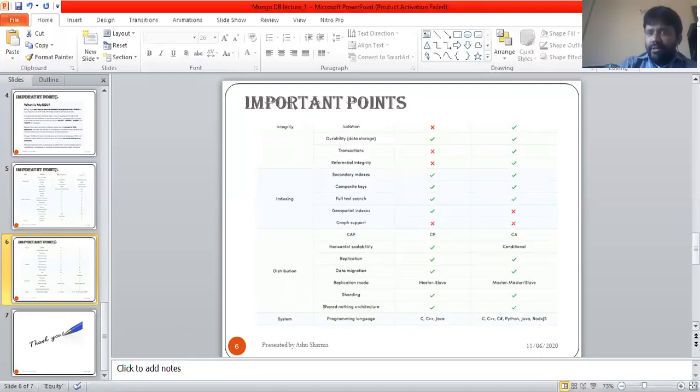So it's a very nice thing that we may use in different sorts of operations during this connectivity from the backend to the front end. So these are certain specific types and features on the basis of which we may compare and brief out some of the things which are important when we are going with MongoDB.